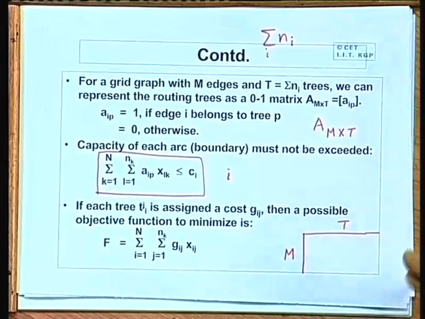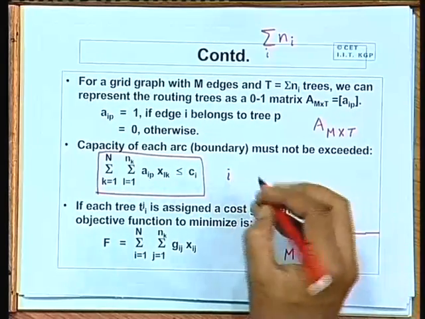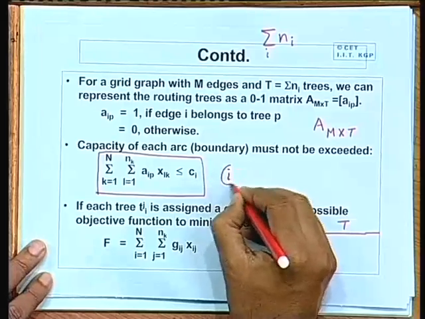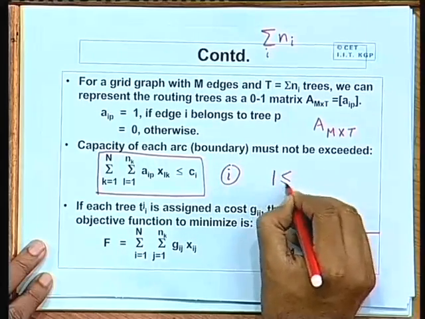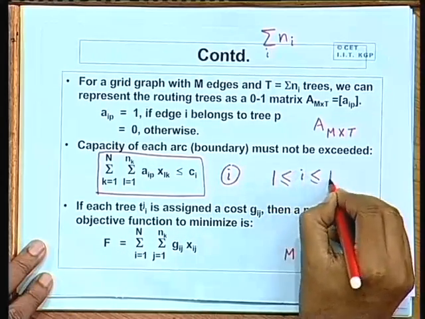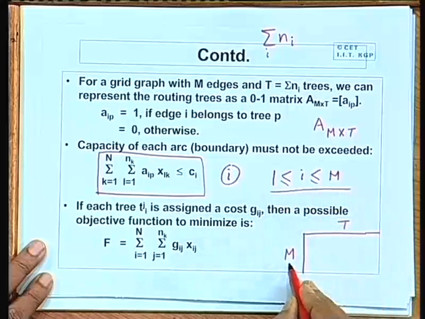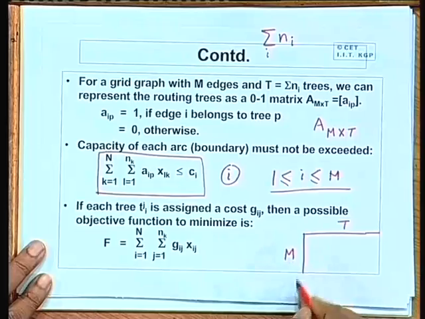In this case, i will range from 1 to m, where m is the number of edges in the graph. For each edge, the capacity should not be crossed. Ci is the capacity of edge i.